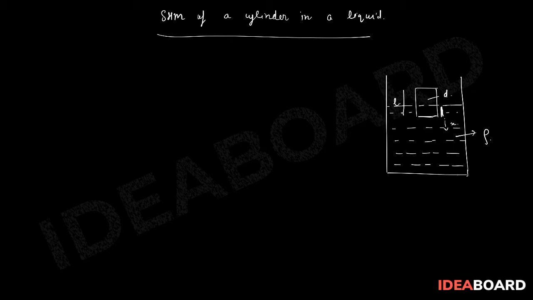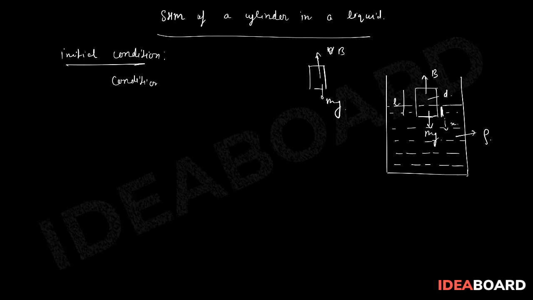So if you see the initial condition, when the block is in the initial condition, if you draw the FBD, there will be a buoyant force B upwards and mg downwards. Because of the condition of floating, B minus mg should be equal to 0, the net force has to be balanced.